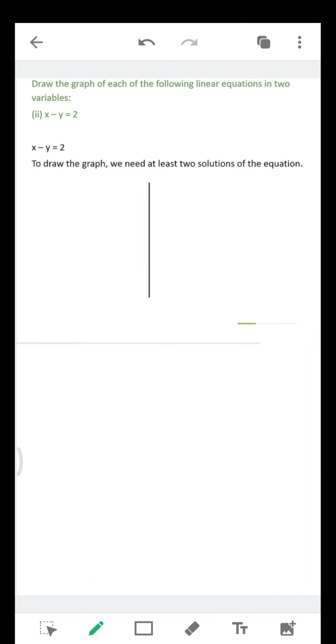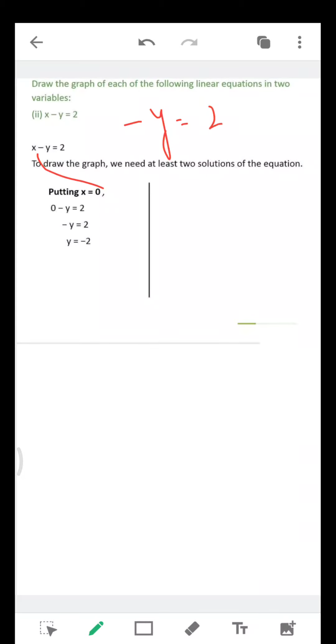Now going to the next one, here we have another equation, x minus y is equal to 2. So here also I'll find two solutions of this. I'll take first x is equal to 0. If I put x is equal to 0 here, what happens? 0 minus y is equal to 2, minus y is equal to 2.